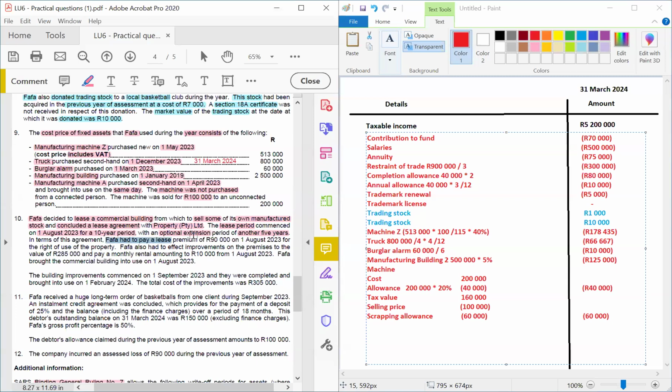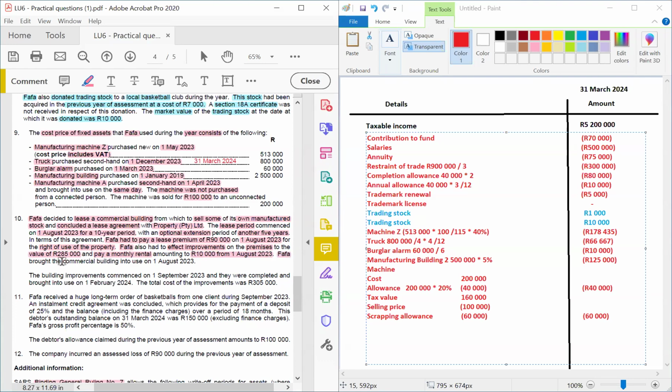Fafa had to pay lease premiums of 90,000 on the 1st of August 2023 for the right of use of the property. Fafa also had to effect improvements on the premises to the value of 285,000 and pay monthly rental amounting to 10,000 from the 1st of August 2023.